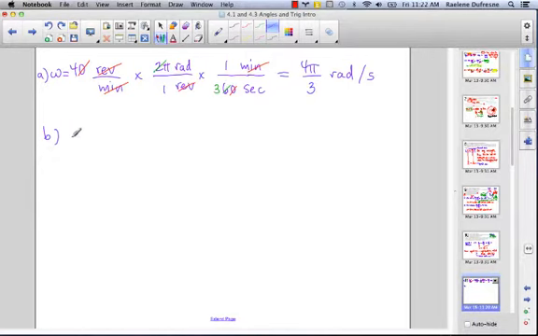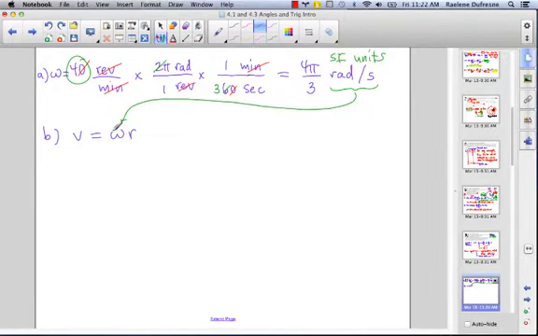In part B, we want the linear speed, v, which is the angular speed times the radius. There are lots of different versions of the angular speed that we could use, but we want the one that involves the SI units to be substituted into the formula. So we are not going to use 40 as the number for omega. We are going to use 4 pi by 3 because we need to use the correct units.